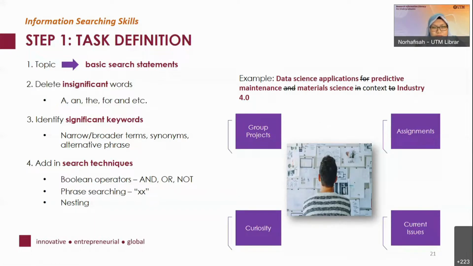We narrow or broaden terms, or make an alternative phrase. And the last step is to add the search technique, for example the Boolean operators such as and, or, not. We can also use nesting. I will show you after this.